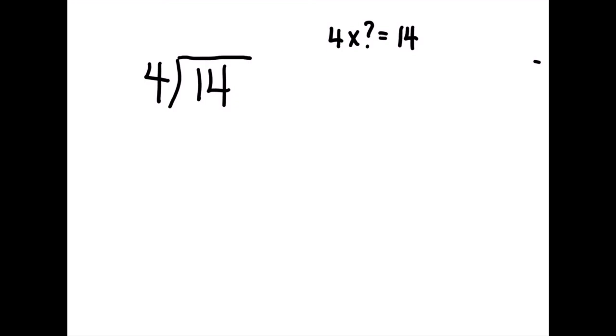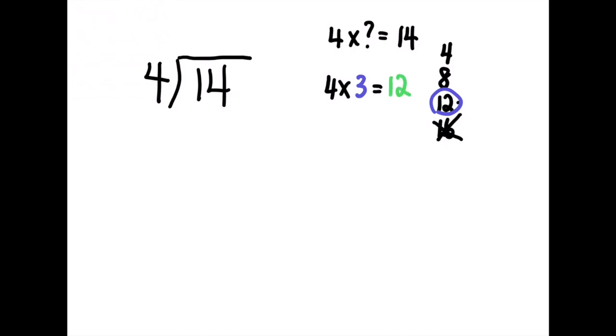We know that there's 4, 8, 12, 16, and we've gone over 14, so it's not bigger than 16. So that's out of the question. So 4 times 3 equals 12. That seems to be the closest to 14 because 8 is too small. So 4 times 3 equals 12.